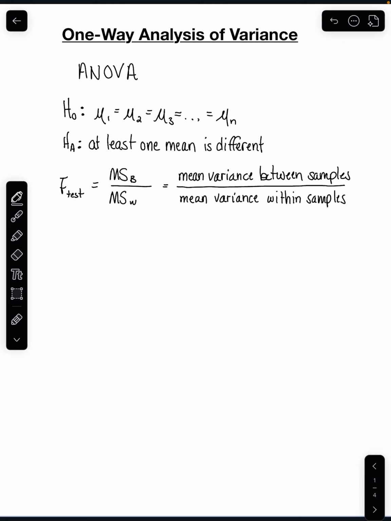Before we get to that, though, this being an F-test, it has to have a degrees of freedom for the numerator and a degrees of freedom for the denominator. The degrees of freedom of the numerator is going to be equal to k minus 1, where k is equal to the number of samples.